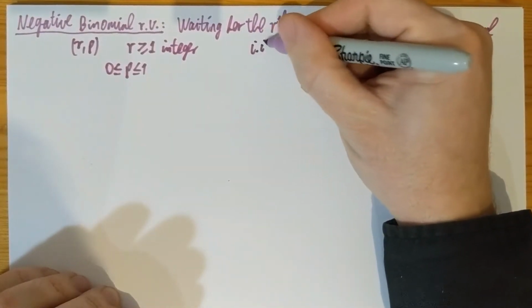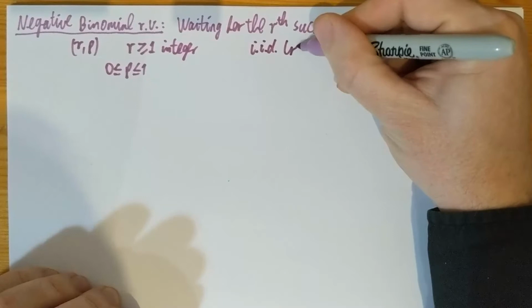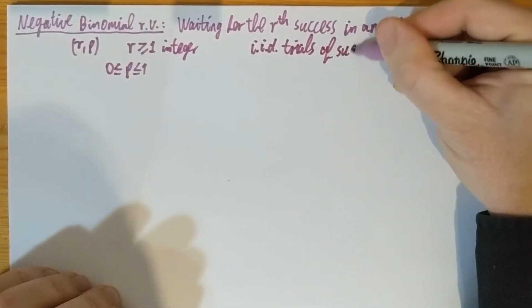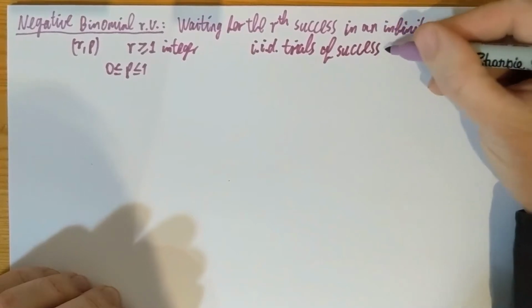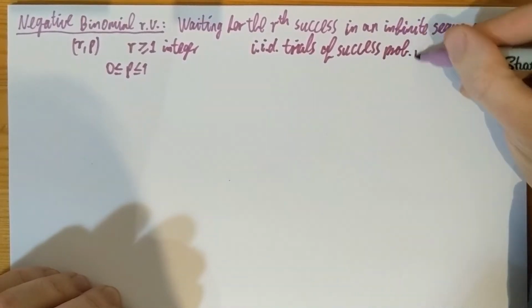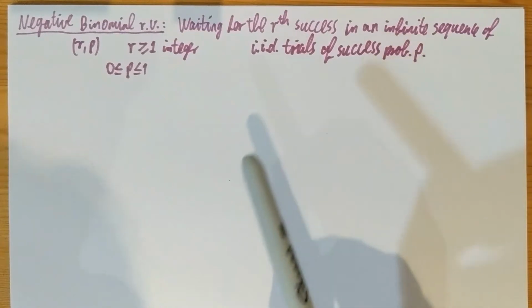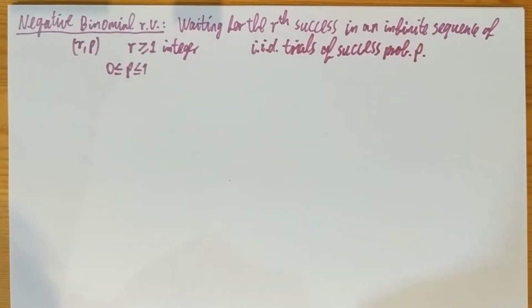I'm just going to say IID trials of success probability P. So we have this infinite sequence of trials, and so far the setup is the same as the geometric, the optimistic geometric actually. And so we're waiting for the R success in this infinite sequence.